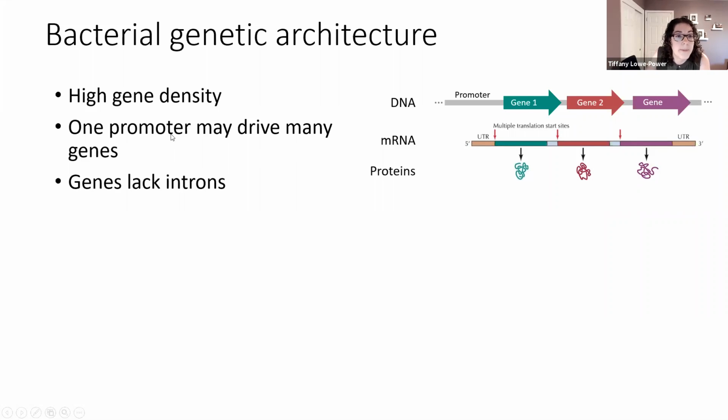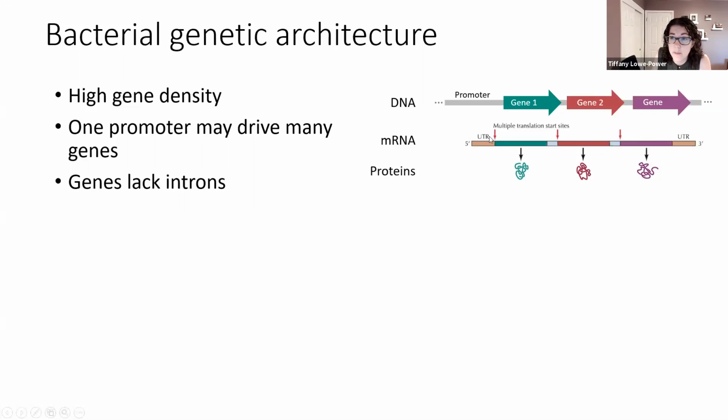Additionally, bacterial genes are often encoded on shared promoters. Promoters are what help the RNA polymerase express the DNA into messenger RNA or mRNA. And so we get mRNAs that are polycistronic and encode multiple genes. So we've got the green gene, the red gene, and the purple gene, all in the same mRNA.